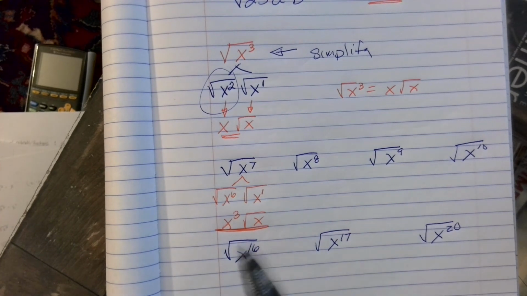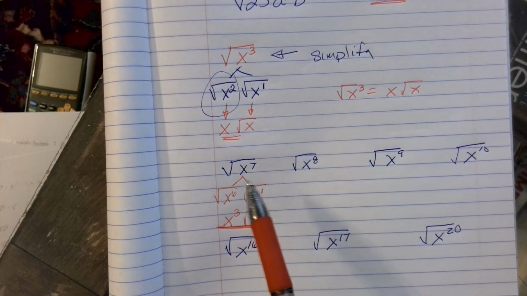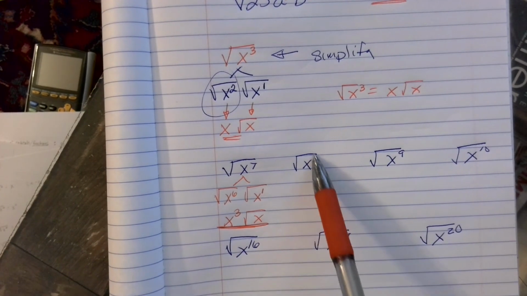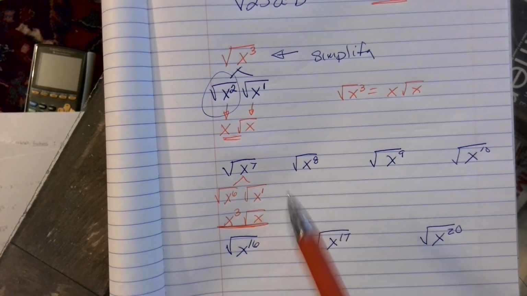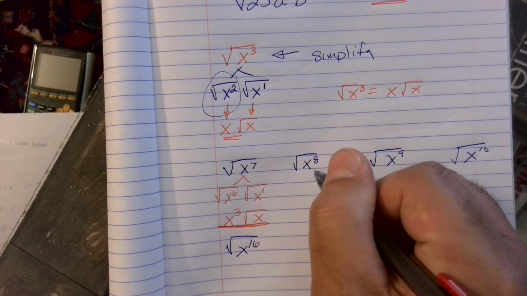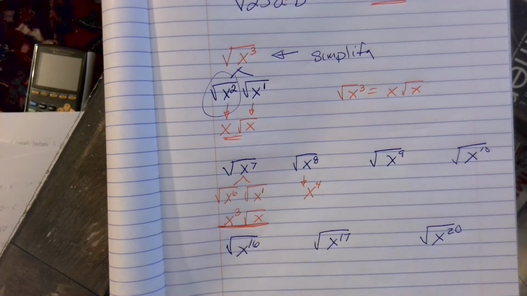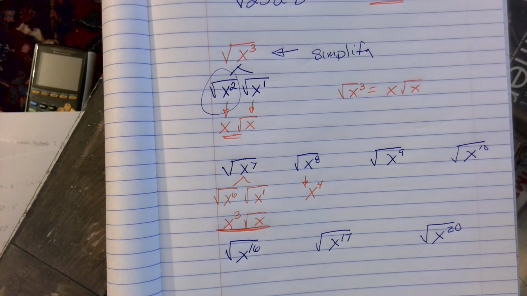So what we want to be aware of is x to the 7th is not a perfect square. But x to the 8th is even. So in this case, I don't have to do all this to simplify it. The square root of x to the 8th is x to the 4th. X to the 8th is a perfect square. We don't have to worry about it.